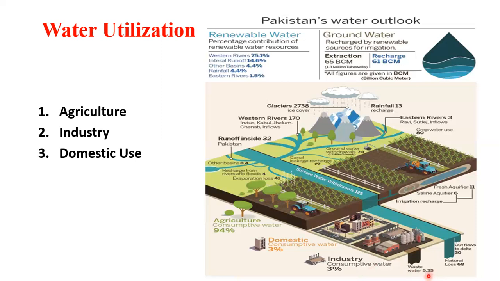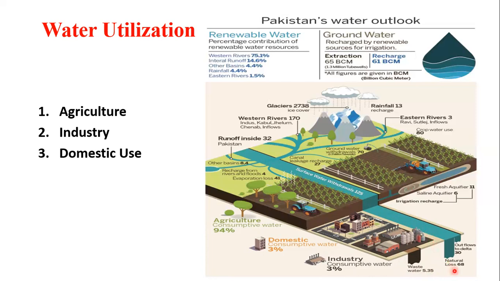Wastewater: 5.35% of the water that industry uses, out of the total 3%, is used water, wastewater that goes underground. Clear? And the water that the rivers carry flows out into the delta area, where the rivers spread out, and that is 30%.